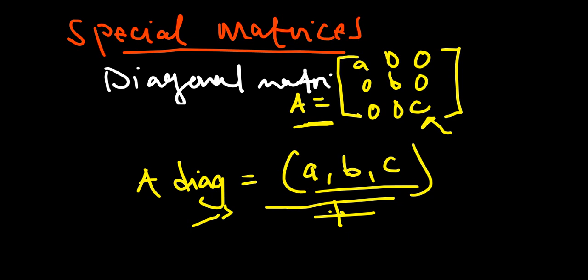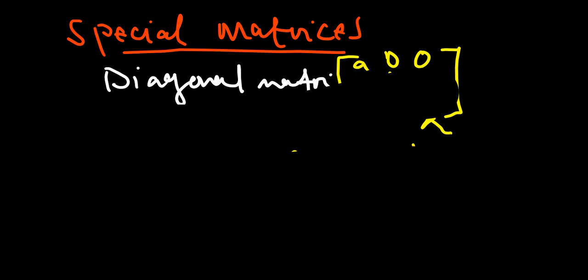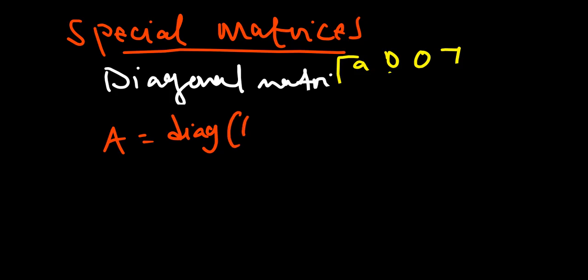An example I would give is this. Let's say I have A equals a diagonal matrix that has 6, 3, 7, and they ask you to write this diagonal matrix in full.